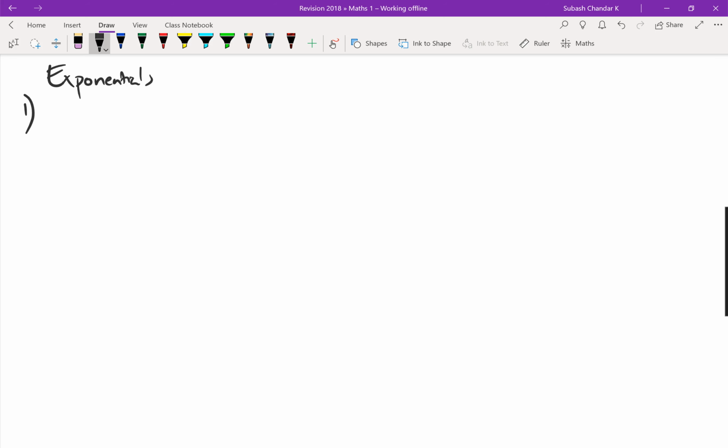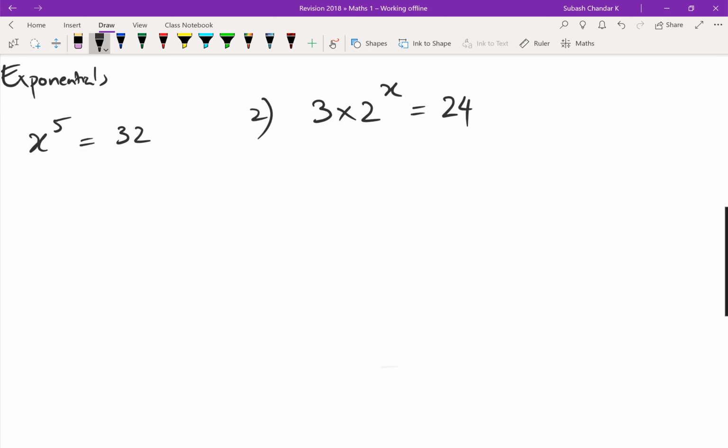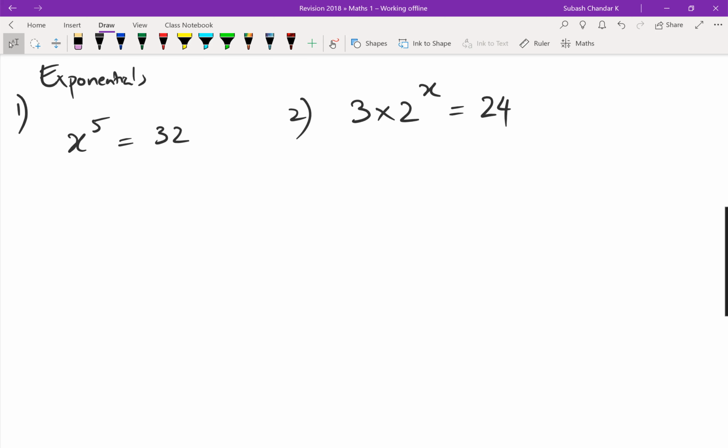We're going to start with something real simple. Tell me what this is. Question number 1, and question number 2.